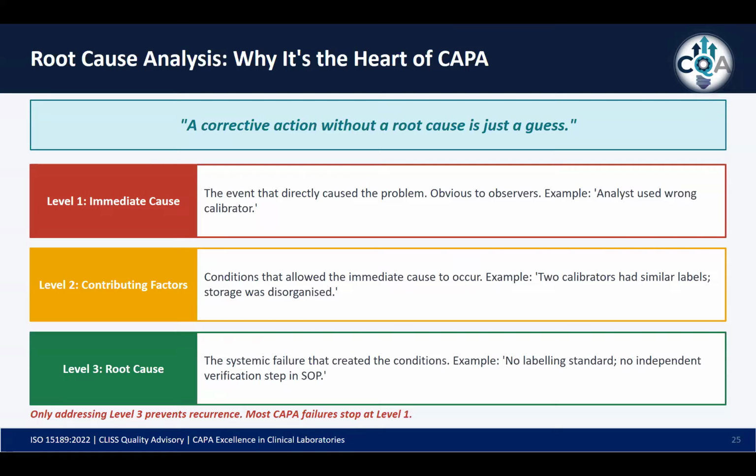Ask yourself questions like this: why did the analyst use the wrong calibrator in the first place? Do we have a system that prevents them from picking a wrong calibrator? And then level 3 is the actual root cause and systematic failures that created the conditions, which need to be identified. So that's why we need to carry out root cause analysis, so that we get to the bottom of the matter.